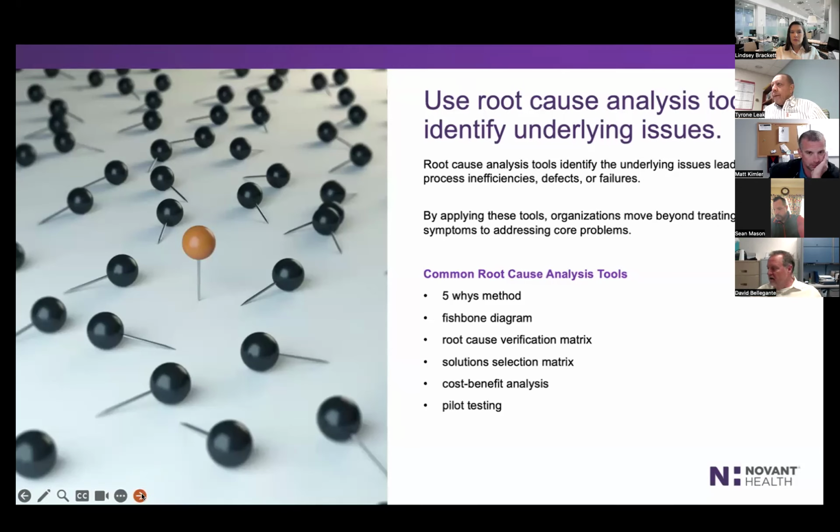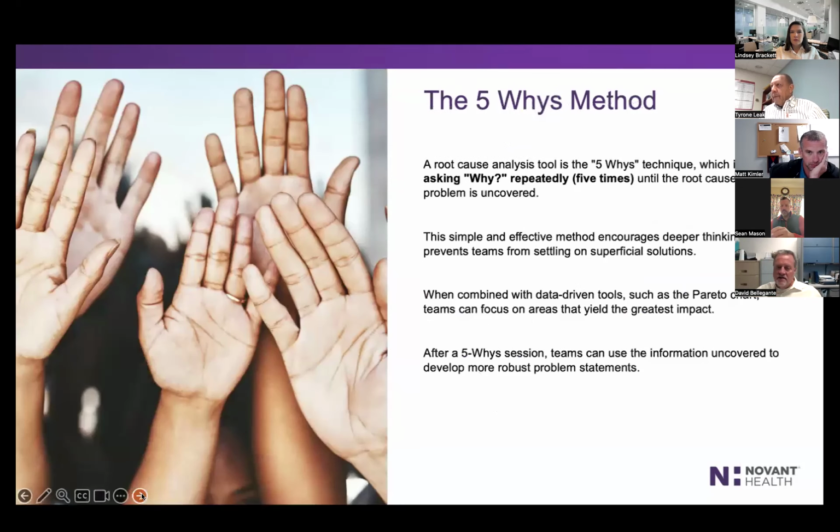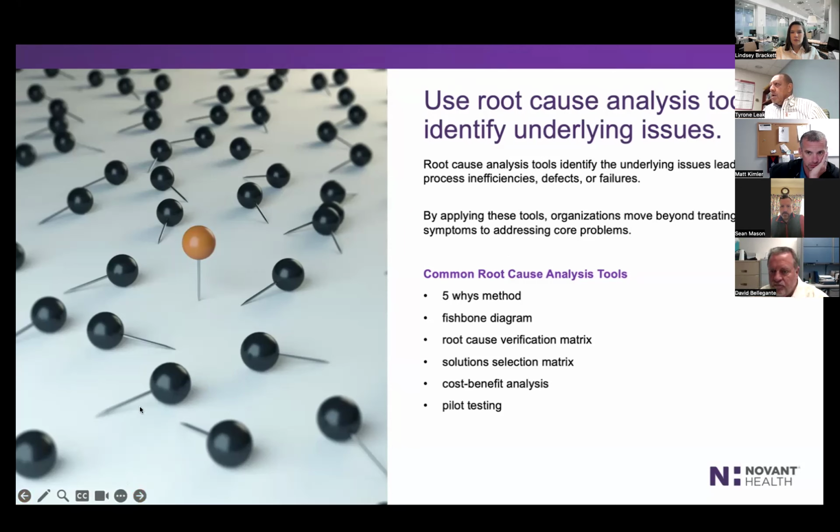Next slide. So use root cause analysis for identifying underlying issues. Root cause analysis tools identify the underlying issues leading to a process inefficiency, a defect, or a failure. Common root cause analysis tools are the 5 whys. That one's my personal favorite.